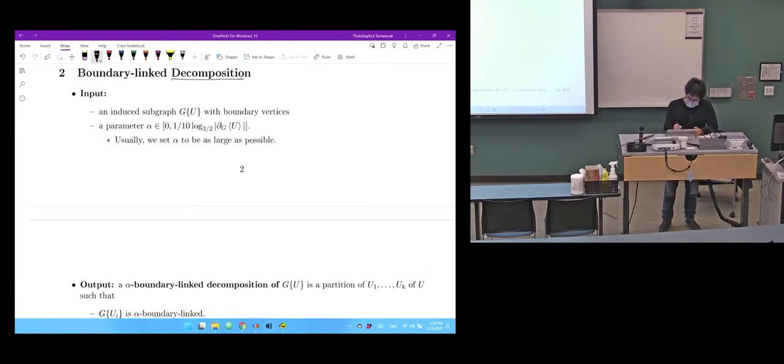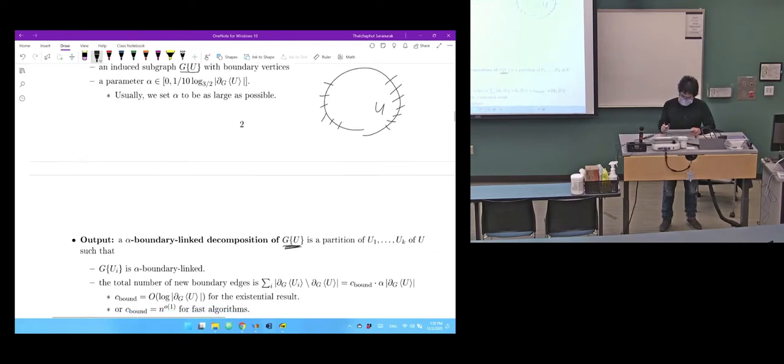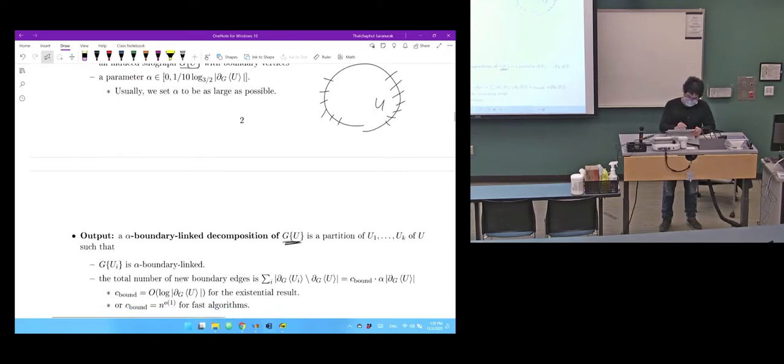So in this decomposition, you are given a graph together with a set U and the battery. What you want to compute is a partition of this graph, so that for each part, the battery are well linked.